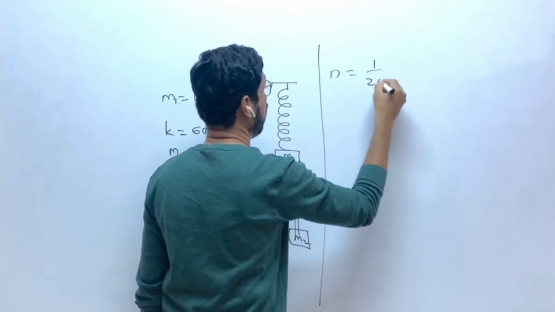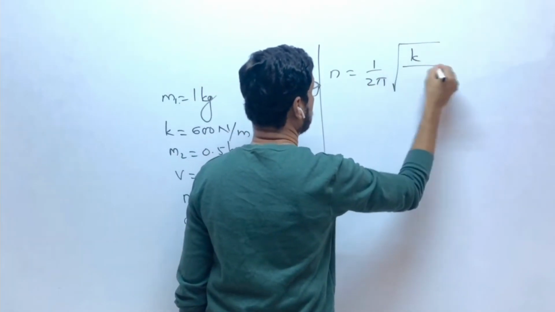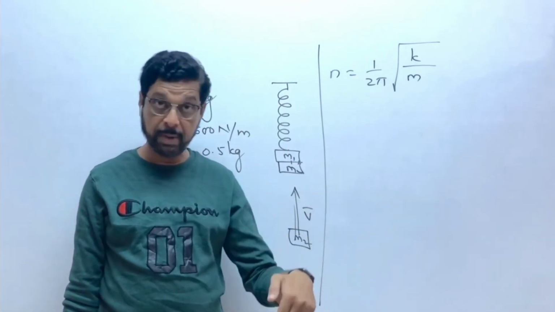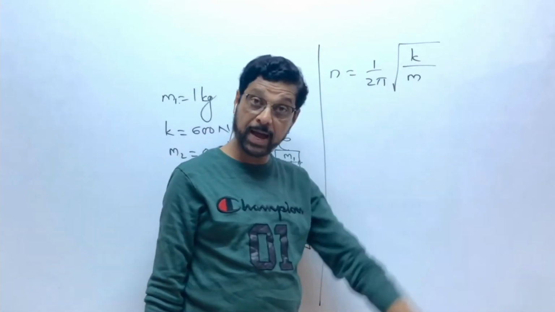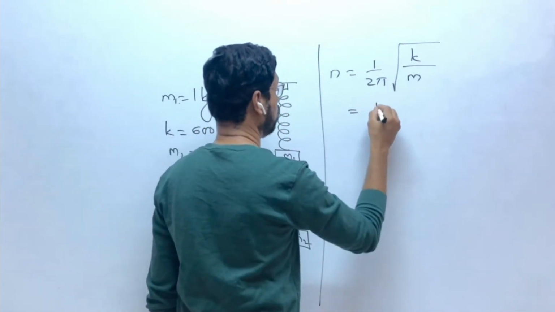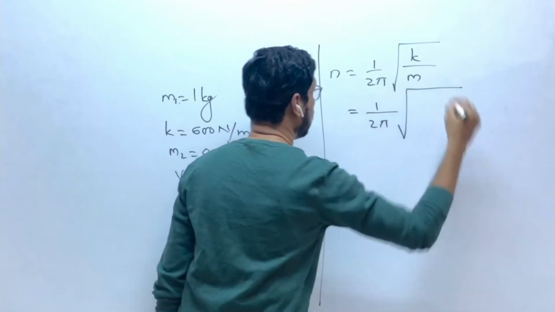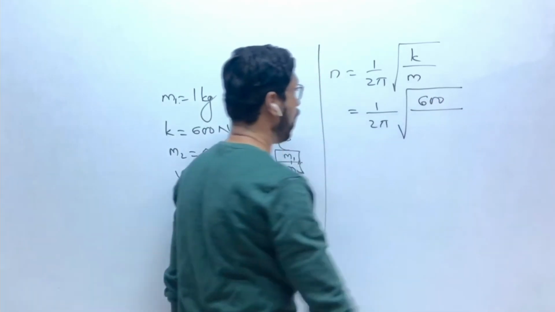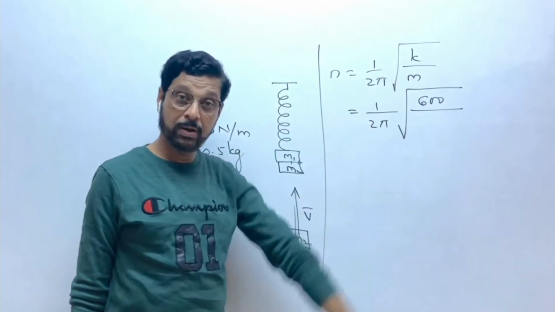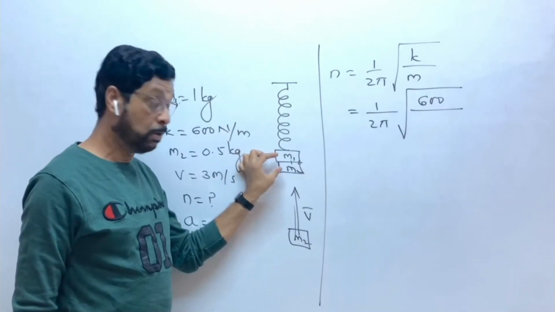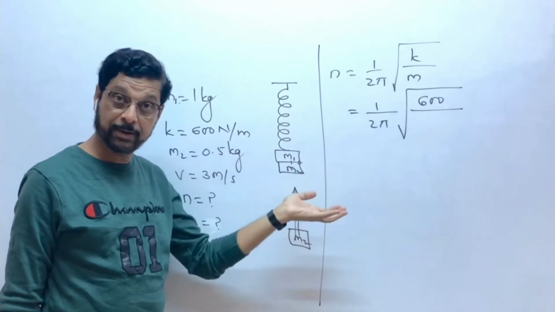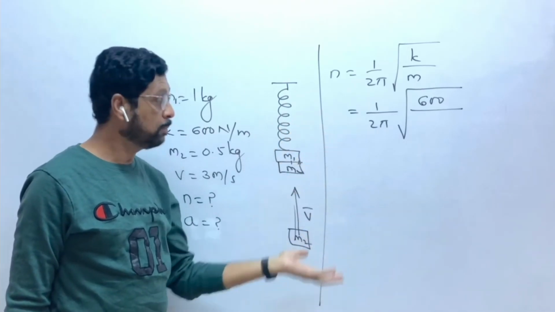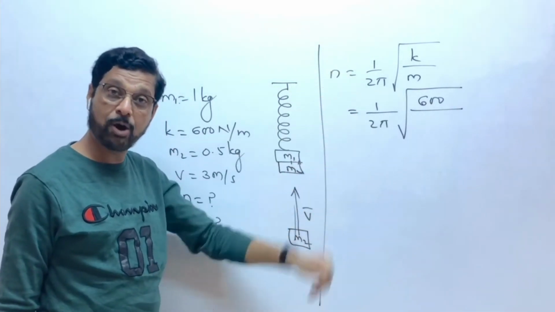Frequency is 1 upon 2 pi under root K by M, the reciprocal of periodic time, since T is 2 pi under root M by K. That is equal to 1 upon 2 pi under root K, given to be 600, upon M, which will be M1 plus M2, because both the bodies are oscillating together. The second body gets embedded into it, means both the bodies are performing simple harmonic motion.